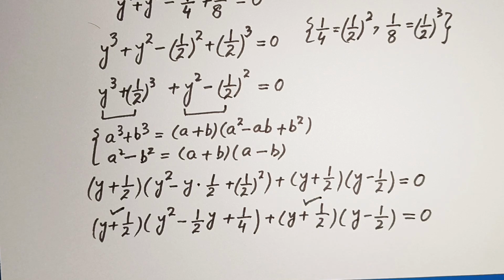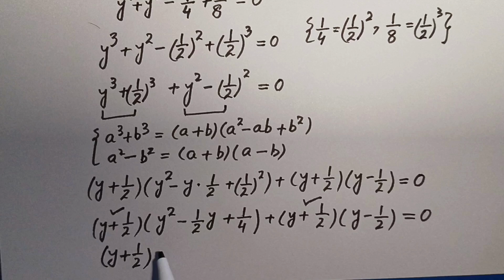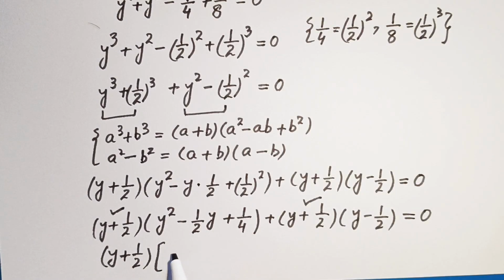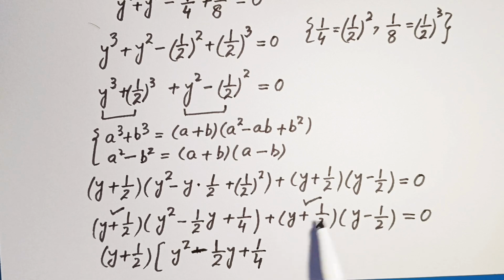Now taking y plus 1 over 2 common, we have y plus 1 over 2 times y squared minus 1 over 2 y plus 1 over 4, plus y minus 1 over 2, is equal to 0.